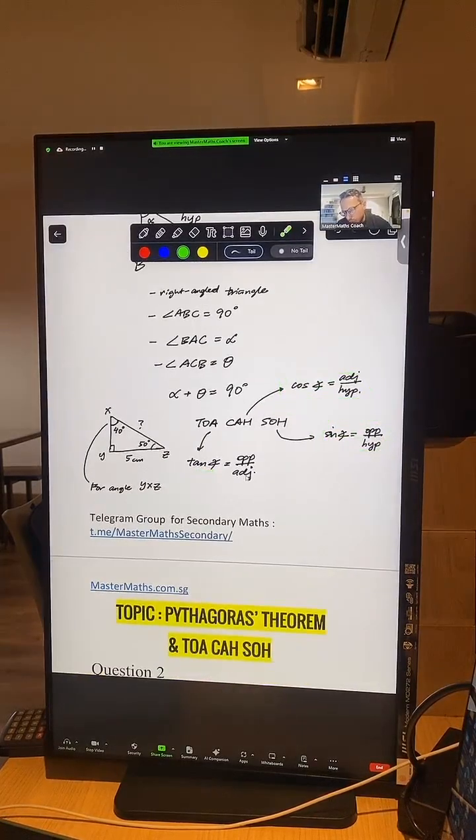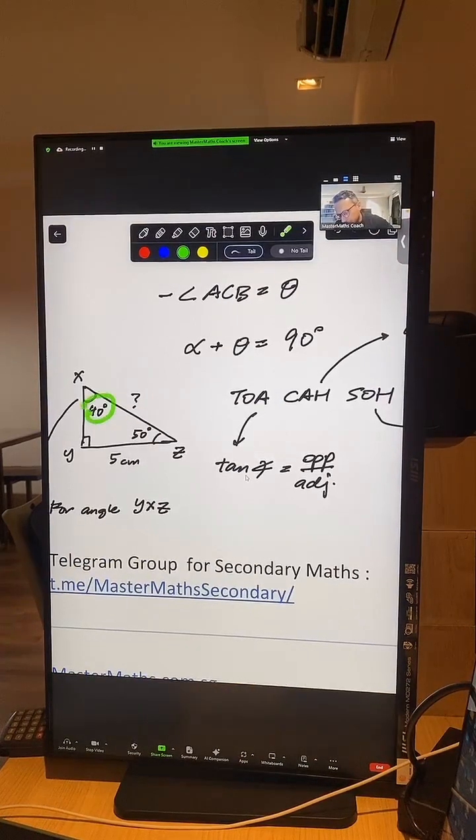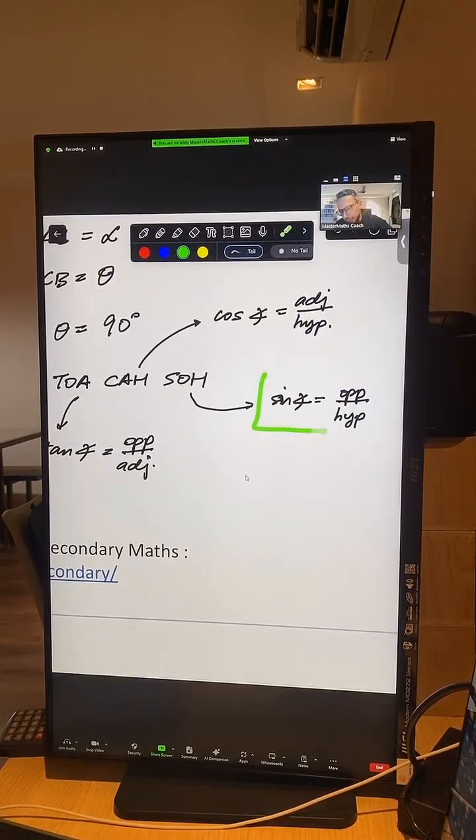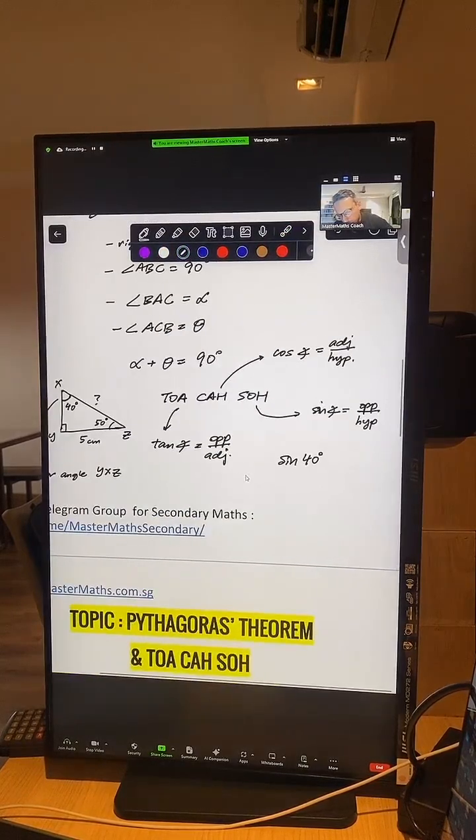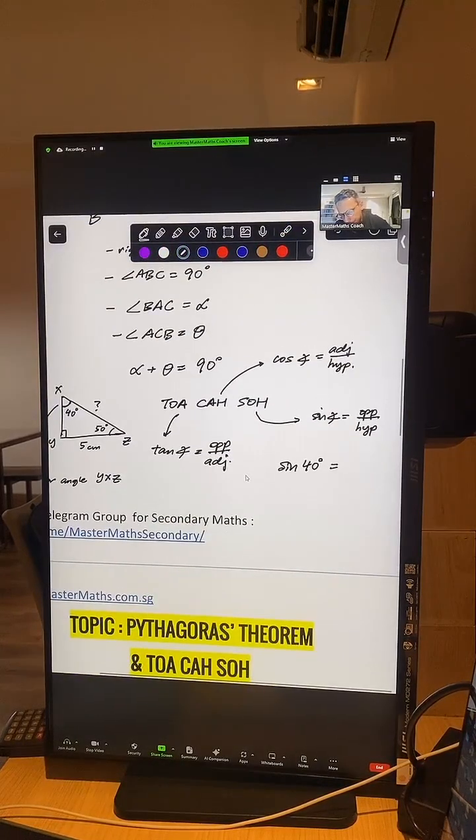So let's say now I decide I'm going to use the 40 degrees, which means that my YZ will be my opposite side, in which case I will use sine. So I will have sine 40 degrees equals to opposite, so opposite here is YZ, over hypotenuse, which is XZ.